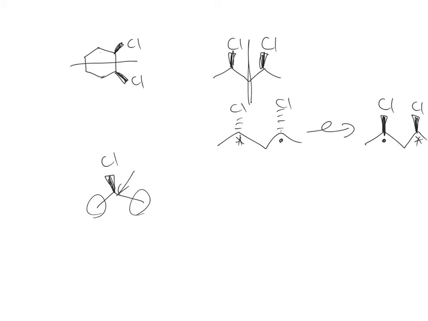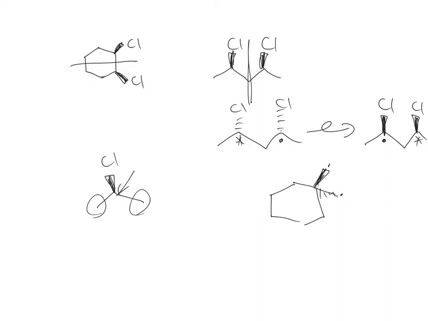That carbon is not a chiral center, and that would make the compound not chiral, so it would be achiral. Or if we had something like that, I could even draw in dashes and wedges, but it doesn't make any difference. This still has 2 of the same groups on it, so it's not going to be a chiral center.